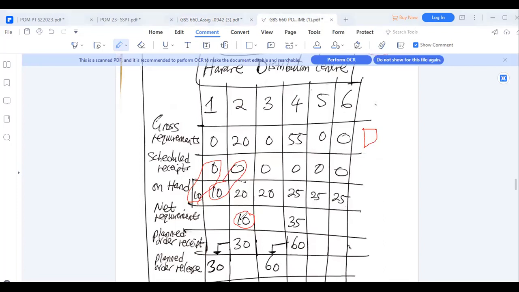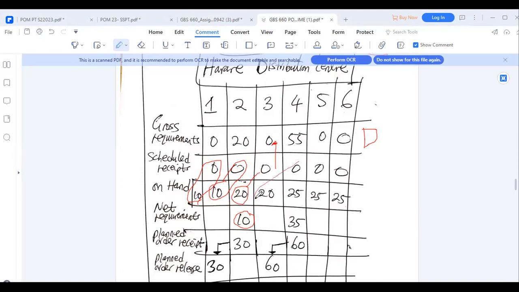You can sort out the problem, the requirement. So in this week where there's a problem, you order the 30 units, then you'll sort out the requirement. You're going to have on hand of 20 units. So this is 20 plus 0 minus the 0. You still have the 20 units on hand. So we go further now.